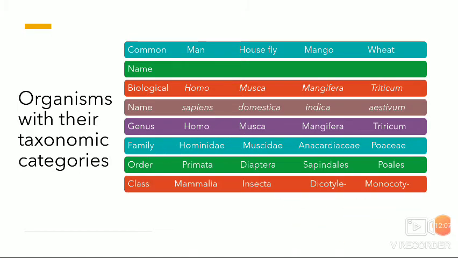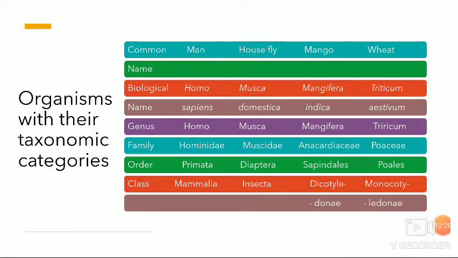Then comes class. The class of man is Mammalia, of housefly is Insecta, of mango it is Dicotyledonae, and of wheat it is Monocotyledonae. We can simply say them dicot or monocot also.